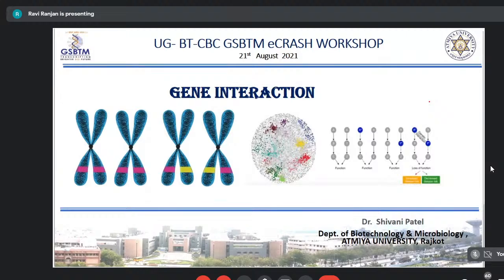So this is a topic from which you are likely to get almost 2 to 3 questions, may it be an exam for IISc or JNU, or even when you give CSIR NET or GCET, you always find some questions from this gene interaction topic.